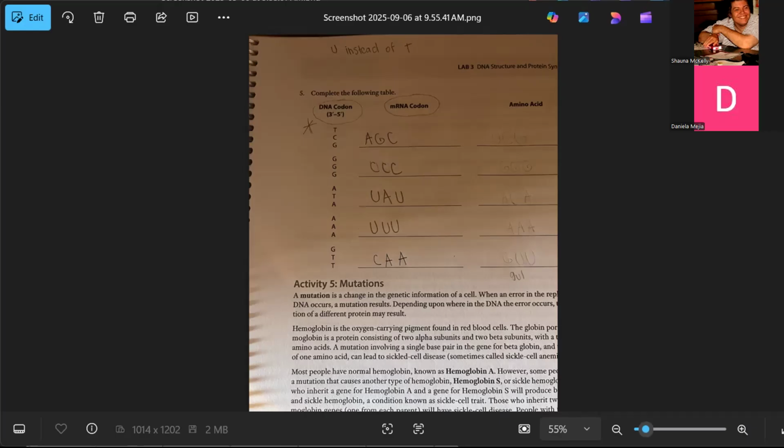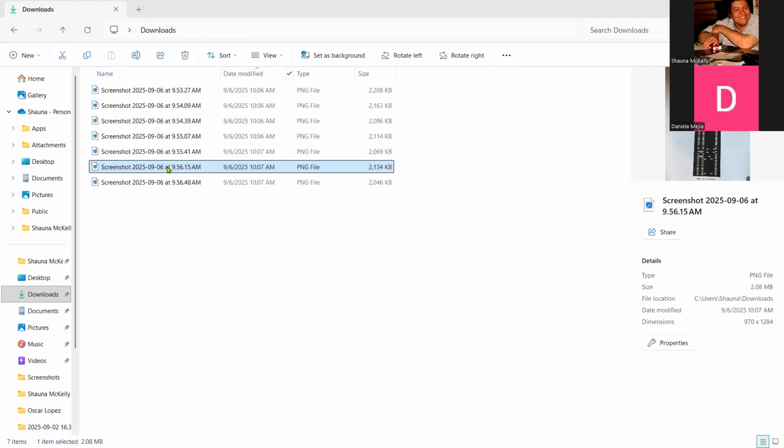So let me get the next screen share from here. Get the next file. We only have 2 more. Okay, so this is talking about forensic analysis of RFLPs.